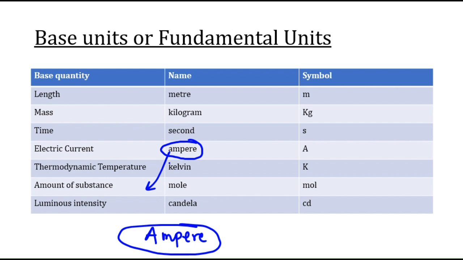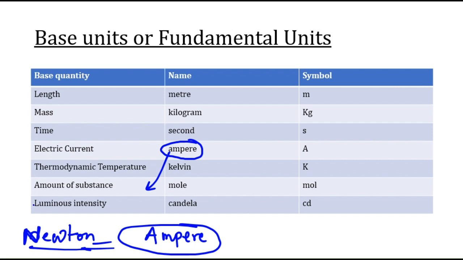While writing the name of a unit, we have to start with a lowercase letter, a small letter, otherwise it will indicate the name of the scientist in most cases. Of course, second is not the name of any scientist, but in most cases, like the unit of force, which we call newton, we have to write it this way. Otherwise, if we express newton with a capital letter, we are expressing the name of the scientist. So this should be taken care of.